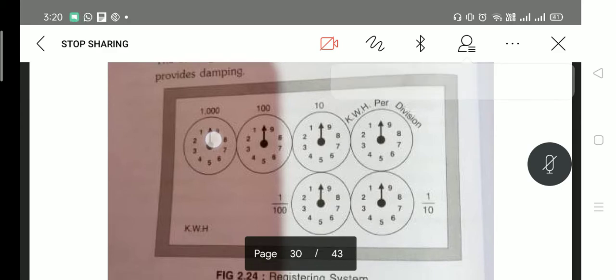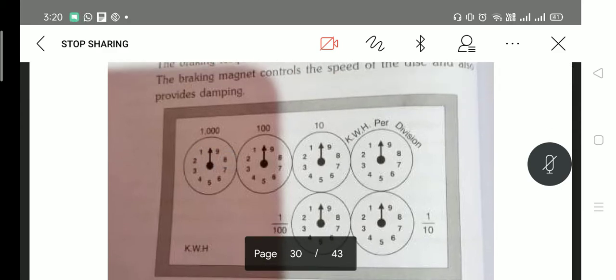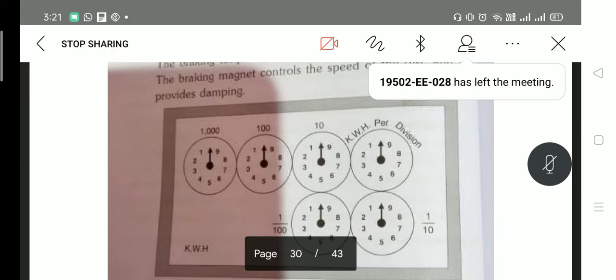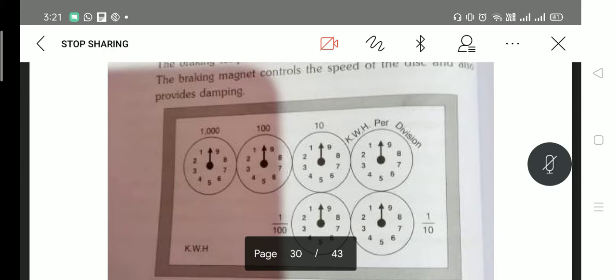It will be moving from 0 to 0, that is 1 revolution. Like that, we see how many revolutions we get. This dial is the 1000 kilowatt, this is 100, and here 10 revolutions.